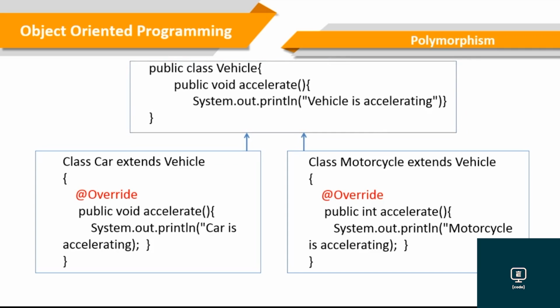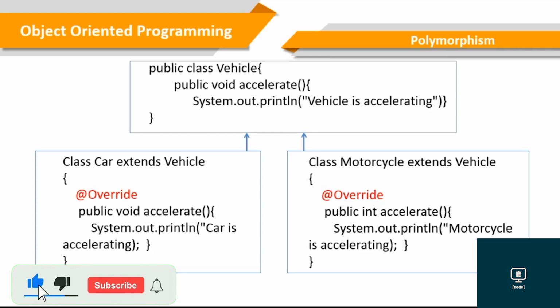And we have two subclasses that override the accelerate method of the superclass Vehicle. And accelerate works for any type of vehicle, right? Not only a car, but also a motorcycle. The accelerate action is done in a different form in the Car and Motorcycle classes.